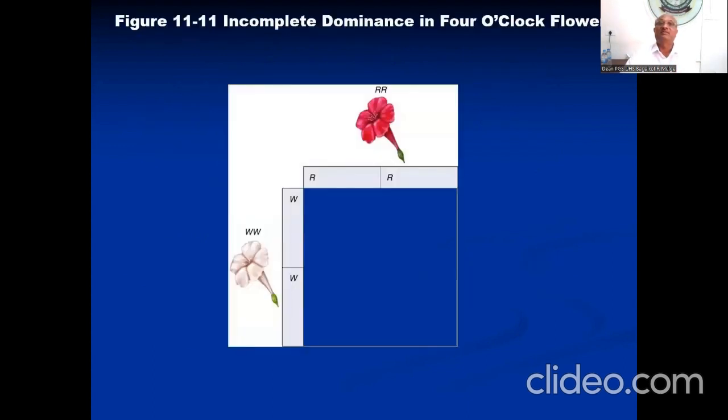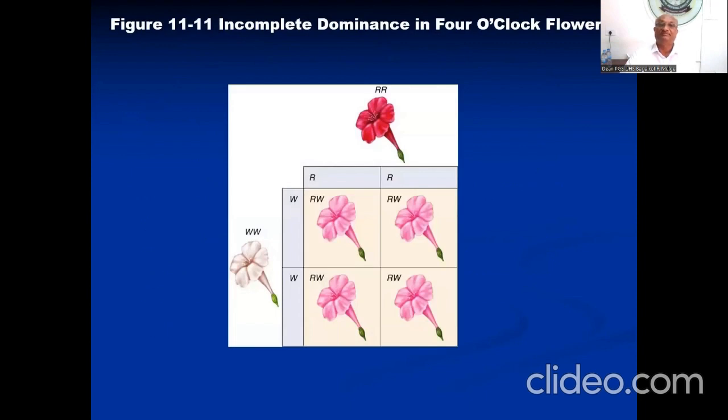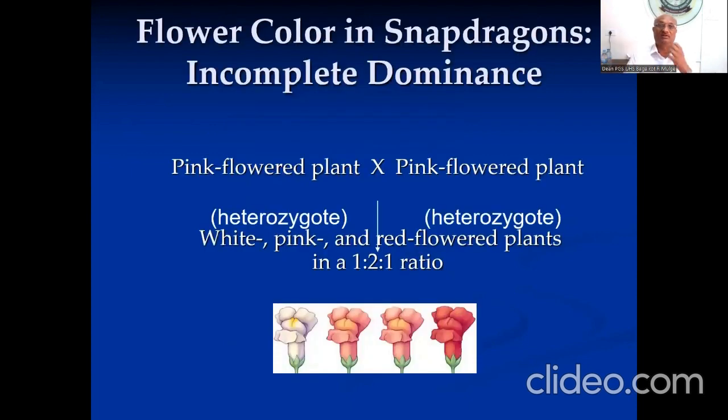This is incomplete dominance in flower color. If one parent is white and another parent is red, your hybrid F1 is going to have all pink plants only. If you self them, then in F2 you will get all colors.